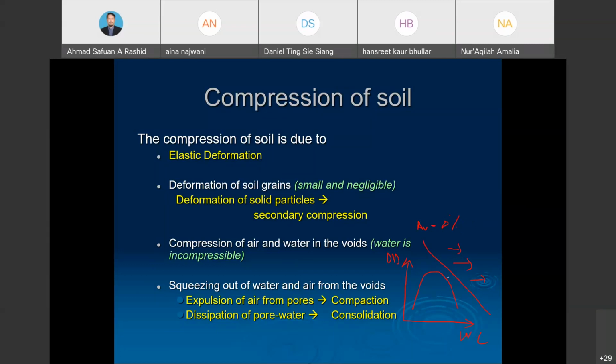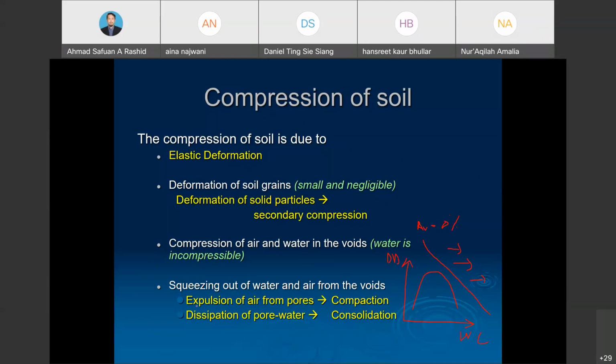So your compaction curve could not exceed this air void curve. Whatever effort that you apply, using a modified method, definitely you may not cross this zero air void curve.